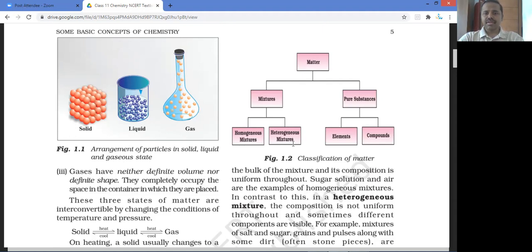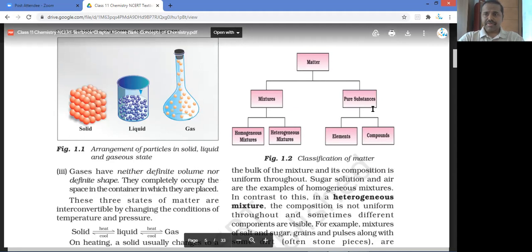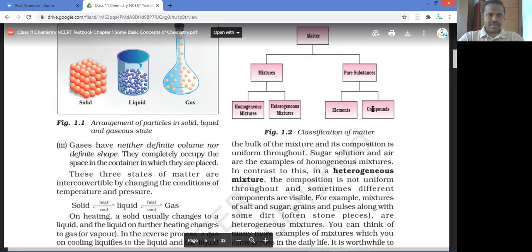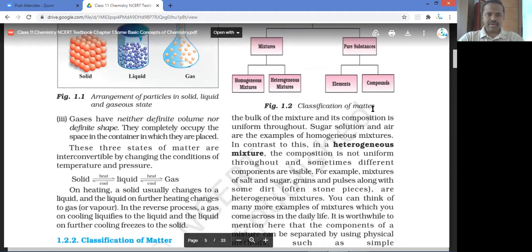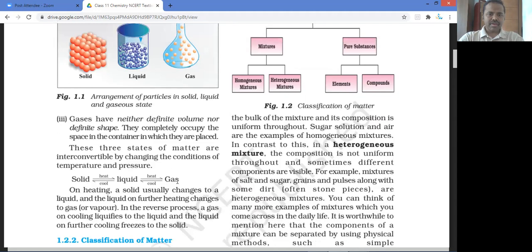Heterogeneous means it is made up of two very different parts. Pure substances are elements and compounds. Compounds are formed from elements. Solid, when heated, becomes liquid, and liquid when cooled becomes solid. Liquid when heated becomes gas, and gas when cooled becomes liquid.